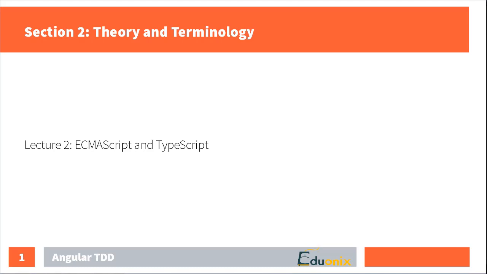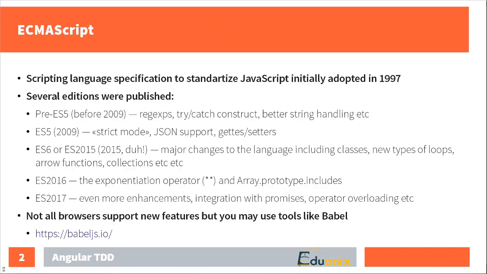In this lecture we are going to talk about ECMAScript and TypeScript. As you probably know, ECMAScript is a specification to standardize JavaScript. It was initially adopted 20 years ago in 1997, and before that JavaScript was not really standardized, so Microsoft could introduce some functions that were only supported by Internet Explorer.